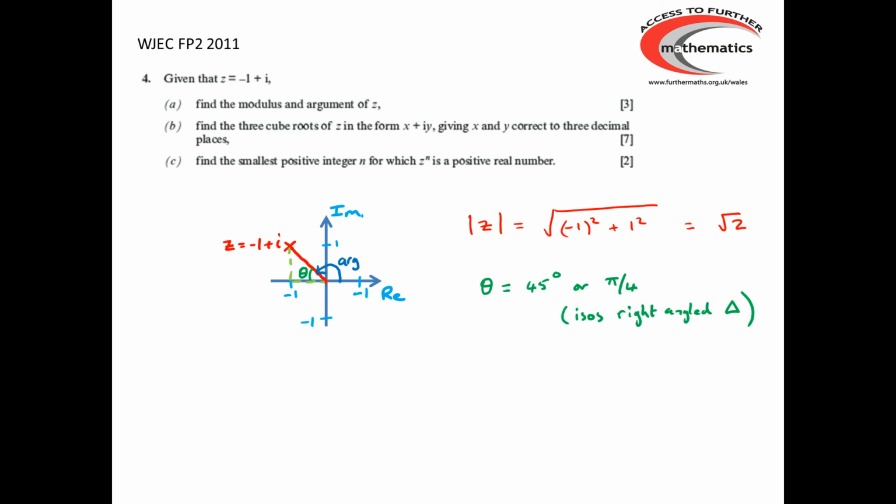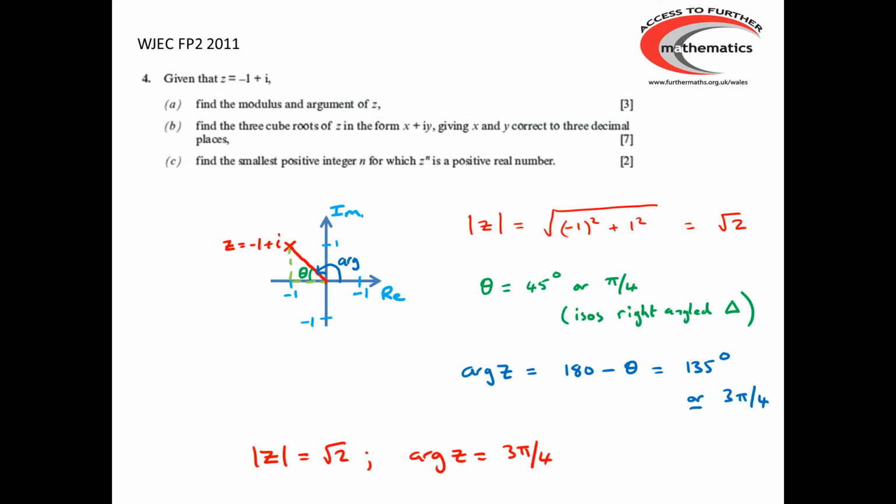So the argument of z must be 180 minus theta, so that's 135 degrees, or if we like 3 pi by 4. So we've got the modulus of z is root 2, and the argument of z is 135 degrees or 3 pi by 4. And for the rest of the question we'll keep it working in radians.